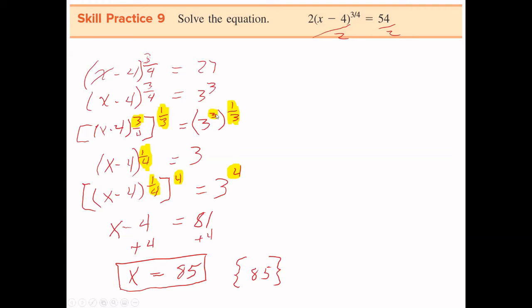The 3 and the 1/3 cancel out, leaving me a 3 to the 1st power. Okay, now to get rid of this 1/4 power, I multiply both sides by a 4th power, leaving me the parentheses, and 3 to the 4th is 81: 3, 9, 27, 81. I add 4 to both sides, and I get the solution of 85.